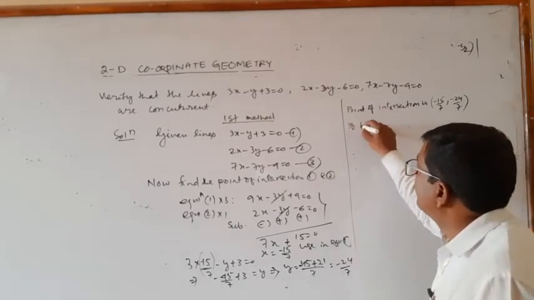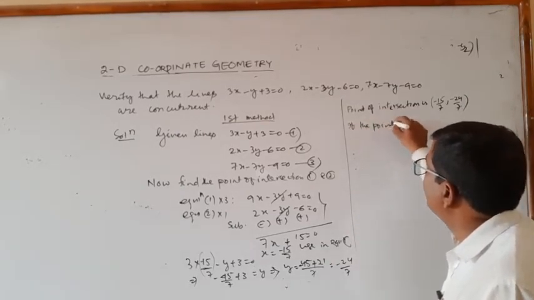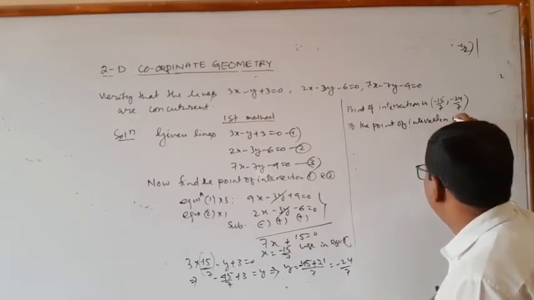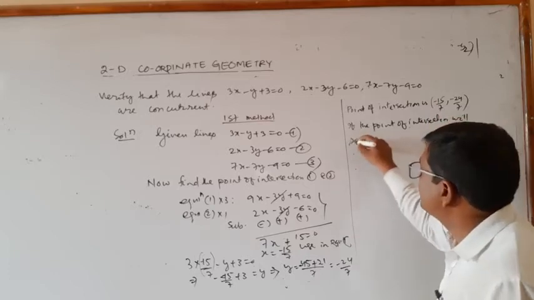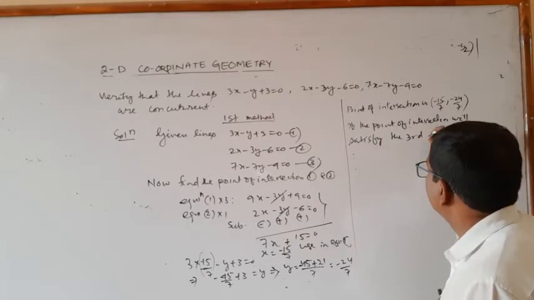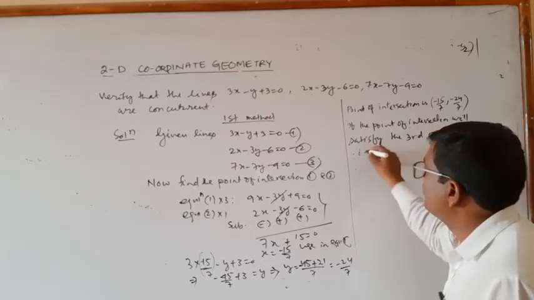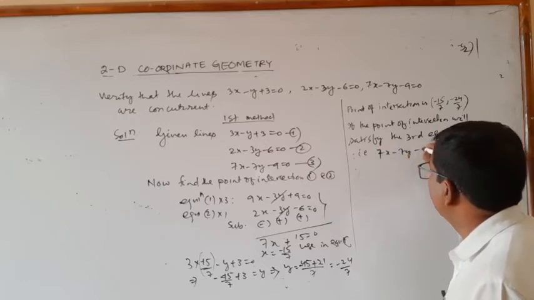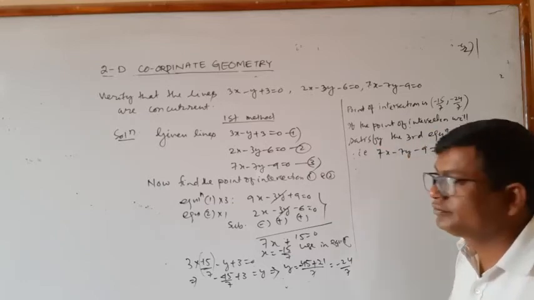If the point of intersection will satisfy the third equation, that is 7x minus 7y minus 9 equal to 0.